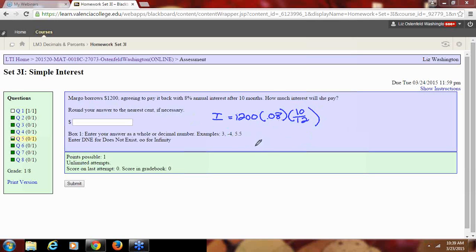So 1,200 times 0.08 is 96. 96 times 10 over 12 technically would just be 960 over 12. So the interest would be 80.